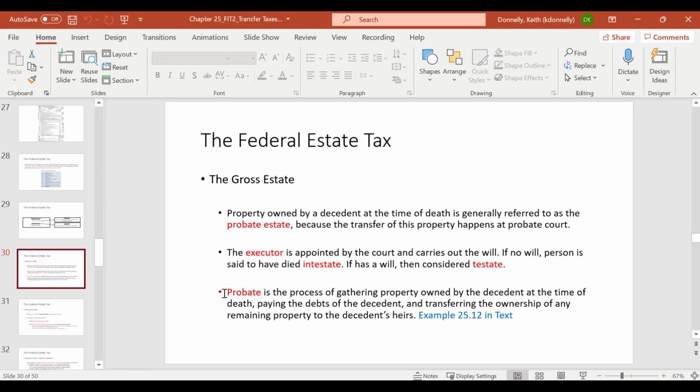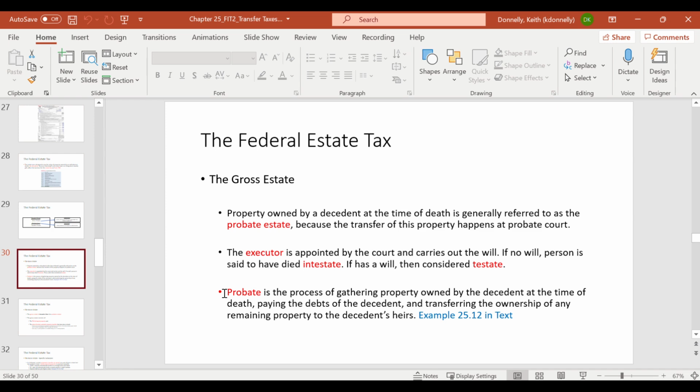If you're intestate, you don't have a will, and not to go too much off the beaten trail here, they have intestacy rules where the court will follow a certain lineage, maybe your parents first, then your brothers and sisters, or if you have children. They have a prescribed order of operations for how they distribute your assets if you're intestate.